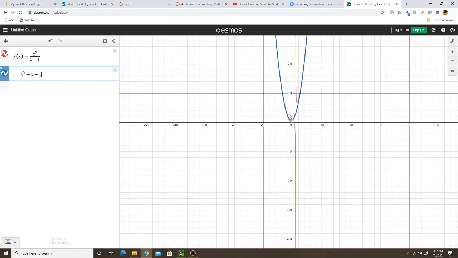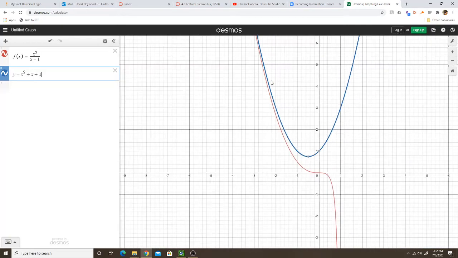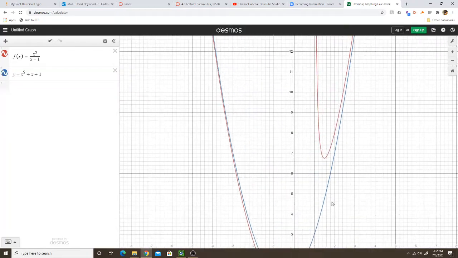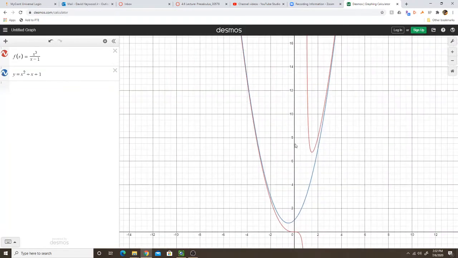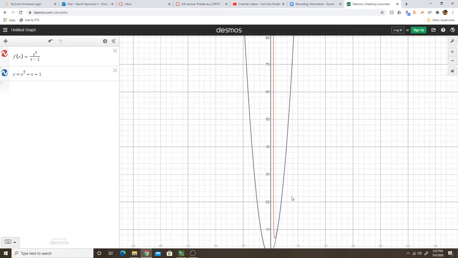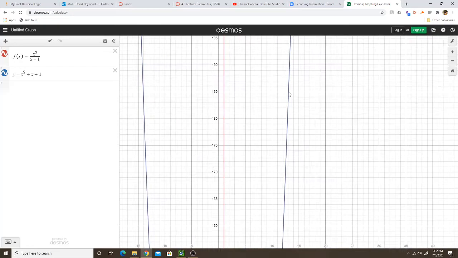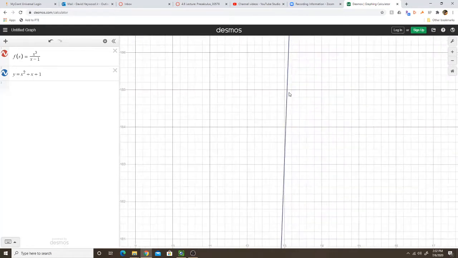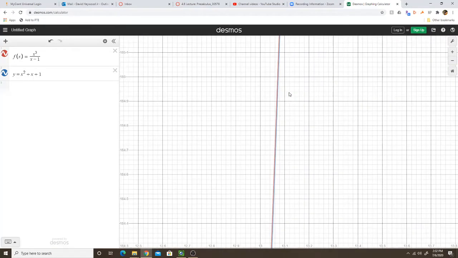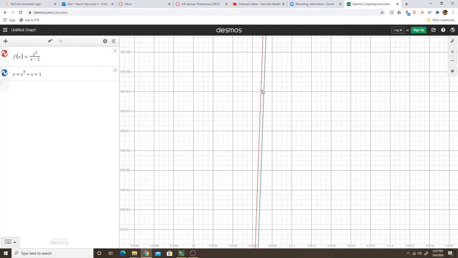Right? So if I zoom in, you can see that there is a difference between the asymptote and the actual function itself. Okay? But the further out we go, the more similar they become, right? Like if I went way up here, I would have to zoom in a lot before I found a difference. See, you finally start to see a difference after a long time.